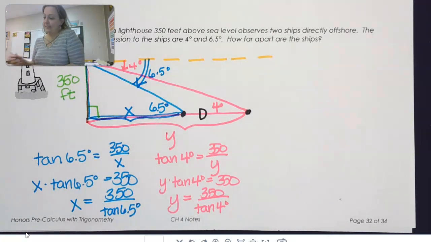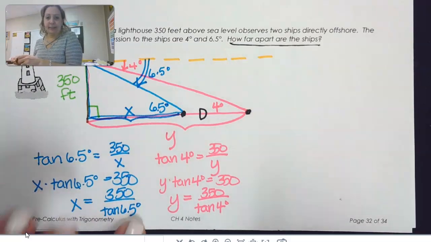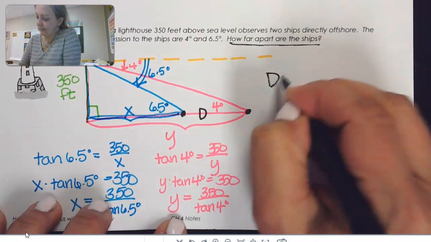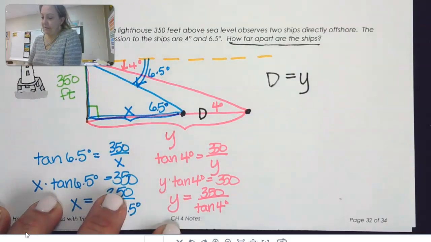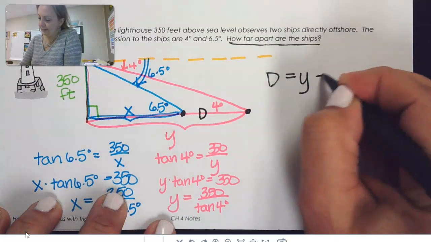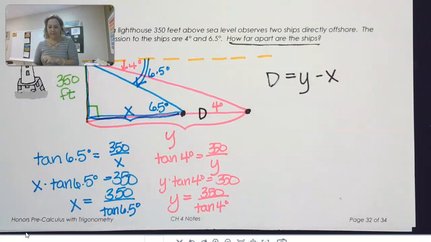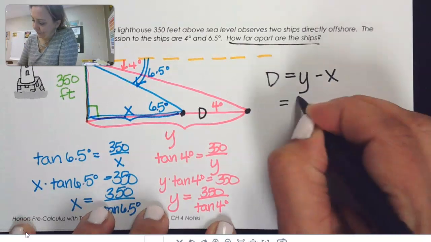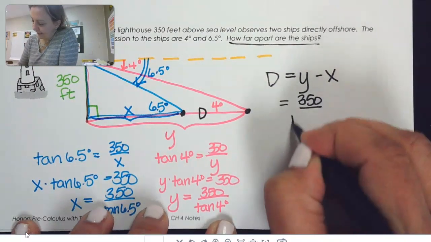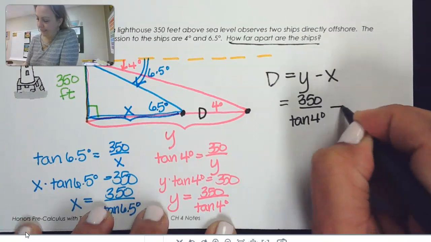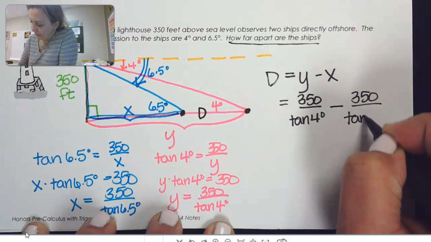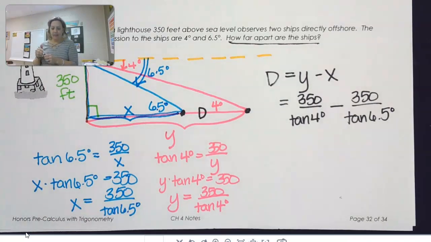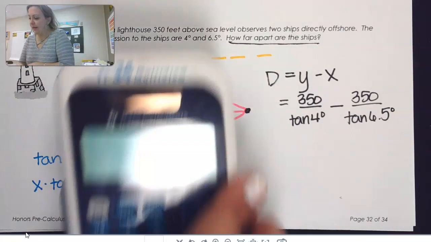Now again, my goal was to find out how far apart the ships are. Well, we said that this distance was going to be this pink leg, Y, minus this blue leg, X. And so then I can take 350 over the tangent of 4 degrees minus 350 over the tangent of 6.5 degrees. I'm just going to put that in my calculator, you guys. I'm not going to find the decimals and subtract.